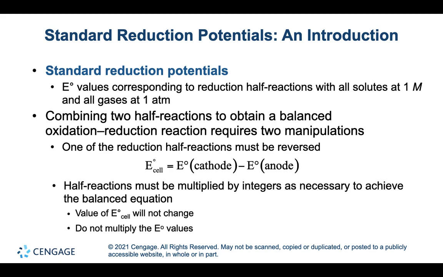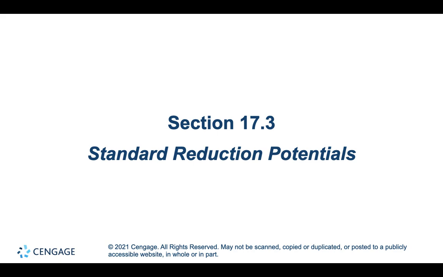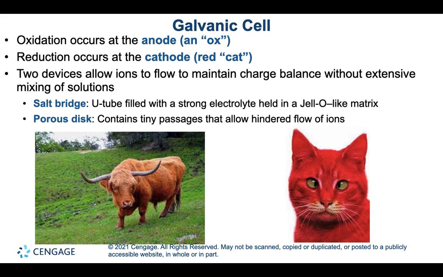So combining the 2 half reactions to get a balanced redox reaction requires a couple of manipulations. One of the half reactions will have to be reversed. So if we think about it, the anode will have to be reversed, because the anode is where oxidation occurs.